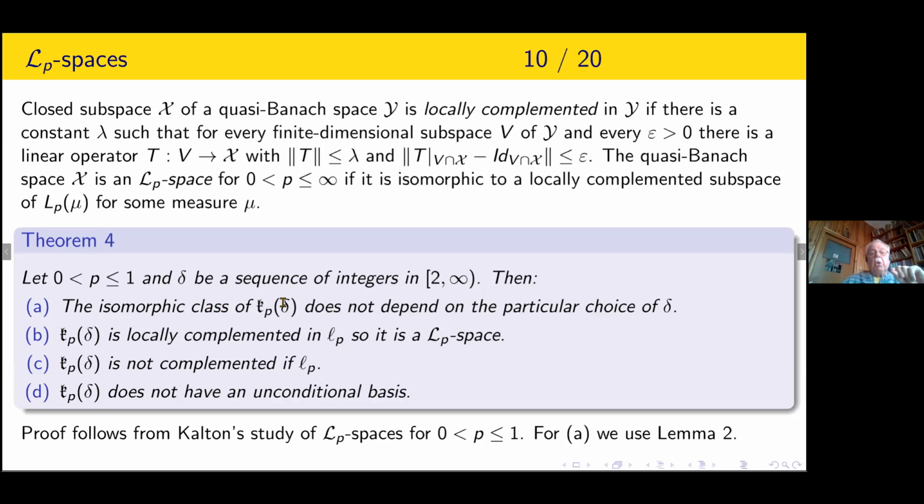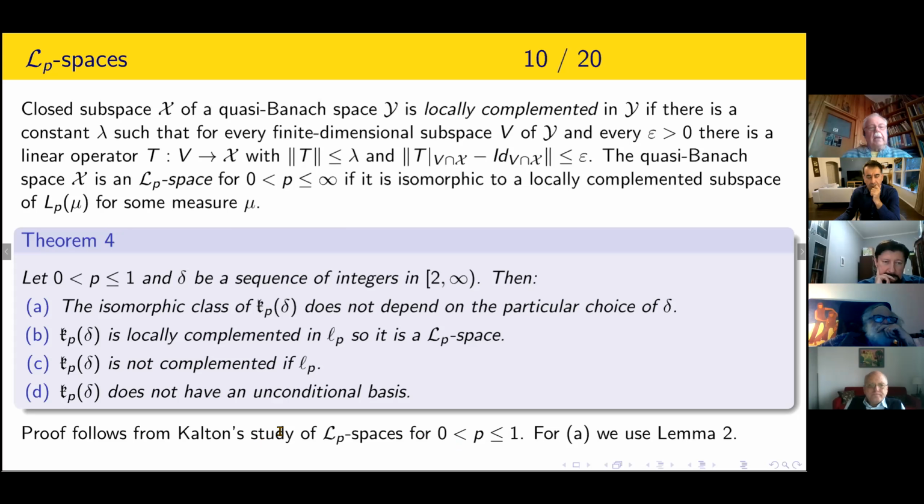This is locally complemented in LP, so it is a script LP space. It is not complemented in little LP, and it does not have an unconditional basis. This we have for granted. For this space KP it follows from Carlton's study of script LP spaces.